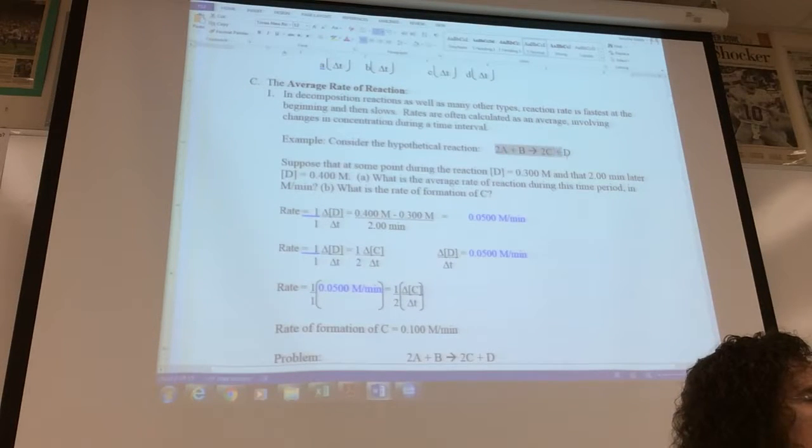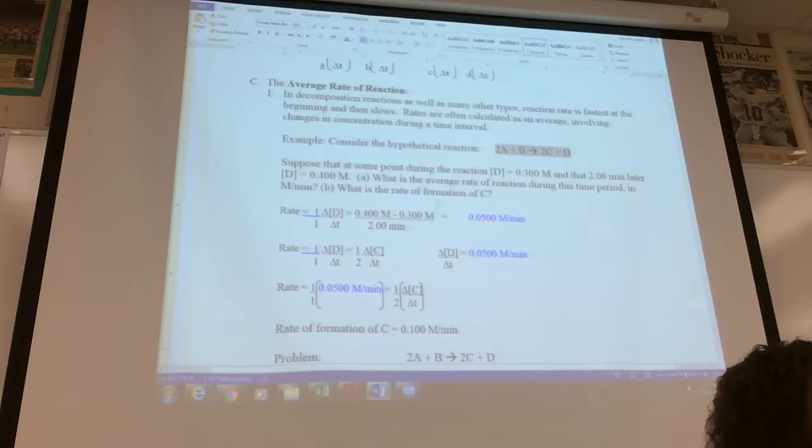So if you have this hypothetical reaction in which A and B are reactants and they react to form products C and D, you can calculate an average rate. Suppose at some point during the reaction, the concentration of D is 0.3, and 2 minutes later, D is 0.4.